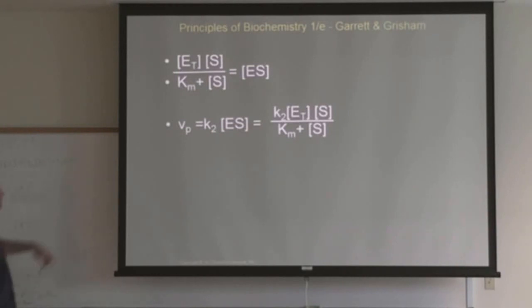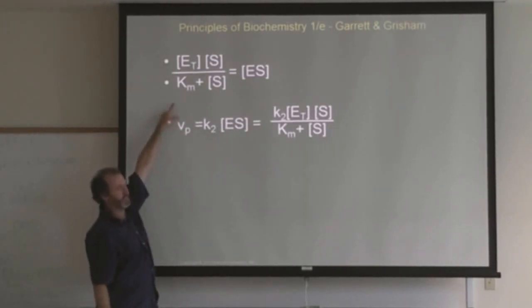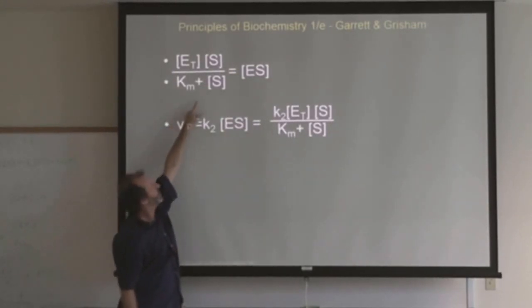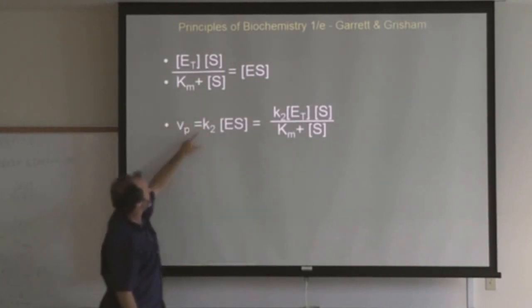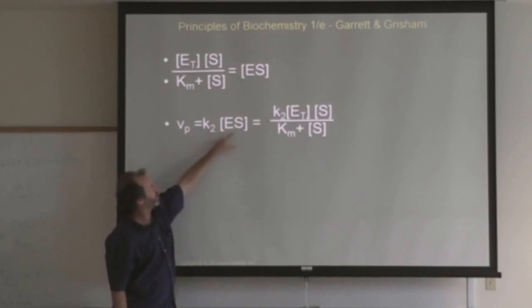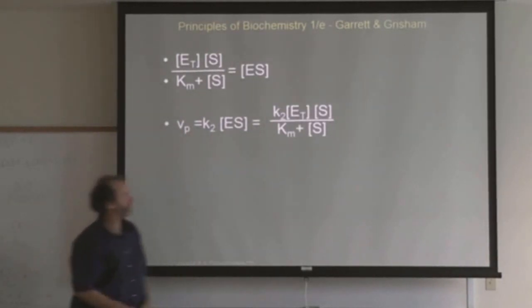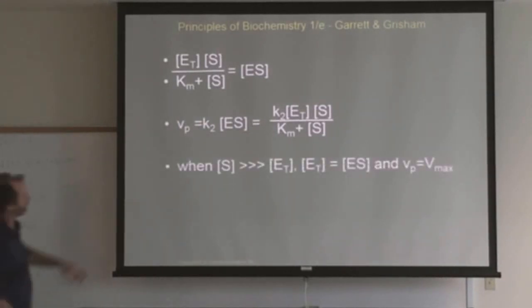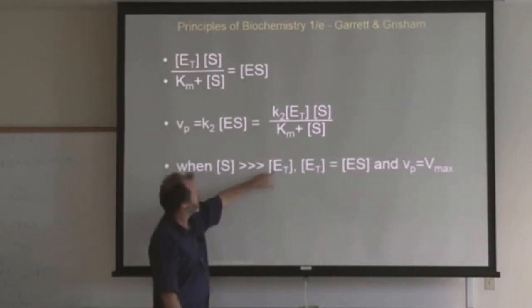Well, I've done this 100 times too, I don't know why I messed up somewhere, but we've got to keep going. So you solve for ES, and then the velocity of product formation is K2 times the ES, which you end up with that equation. And what happens when the substrate concentration is much, much greater than the enzyme total?